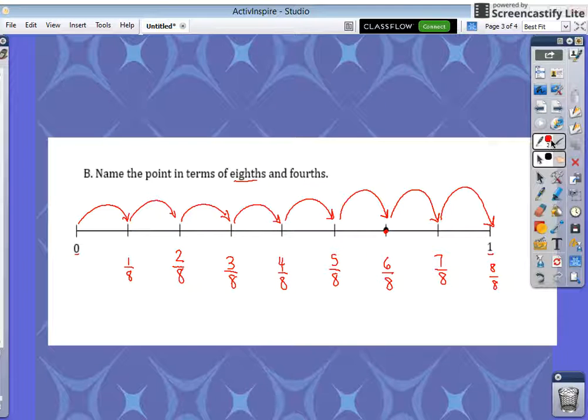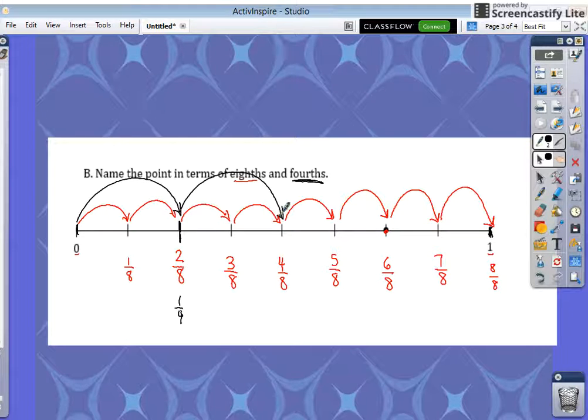We can also do the same thing for fourths. We know that from here to here needs to be broken into 4 equal parts. And so instead of eighths, we can skip count the hash marks into fourths. So we would say this is 1/4.